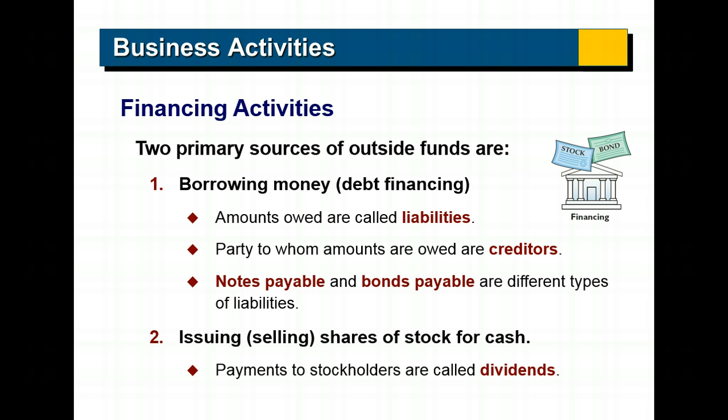So when we're dealing with financing activities, we can borrow money, which is debt, or we can raise capital by selling, issuing, or giving shares of stock in exchange for money. Two ways of financing.